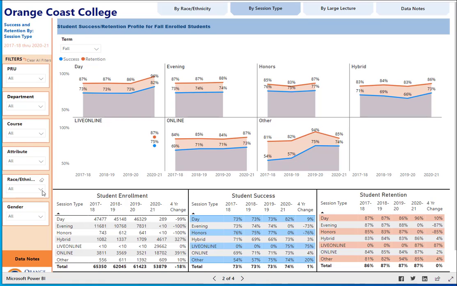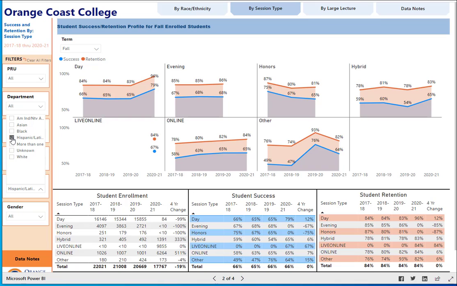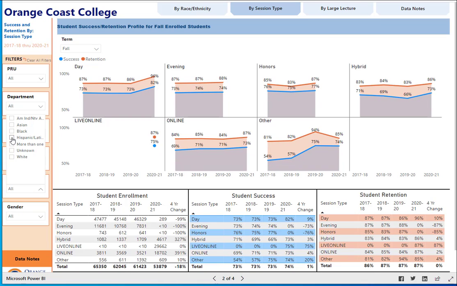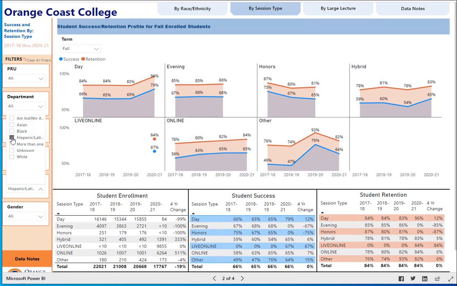If we want to disaggregate by a specific race ethnicity, and let's try Hispanic Latinx to start, you'll notice that the bars change. So I'm going to toggle back and forth and just visually watch. This is the college at large, and this is for Hispanic Latinx.